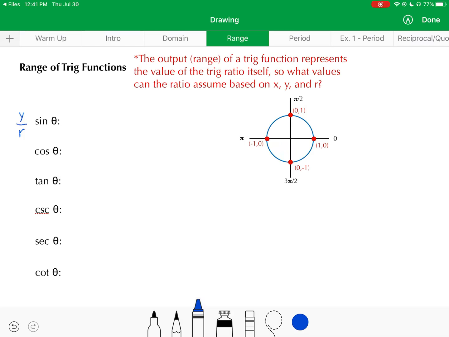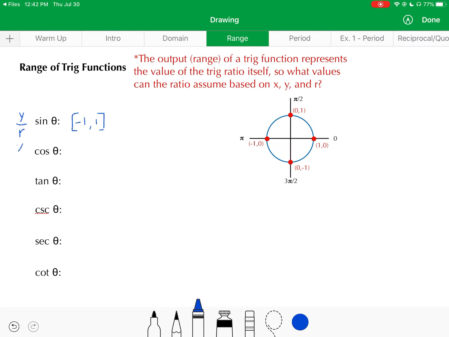They could have the same value, but r will never be smaller than y, okay? So for this fraction of y over r, that's telling me that the denominator will never be smaller than the numerator, which means the value of the fraction itself for y over r is going to have to be somewhere between -1 and +1.